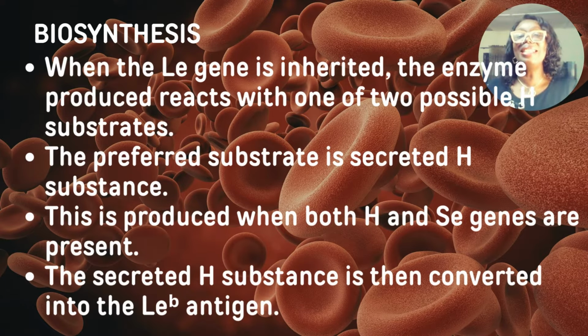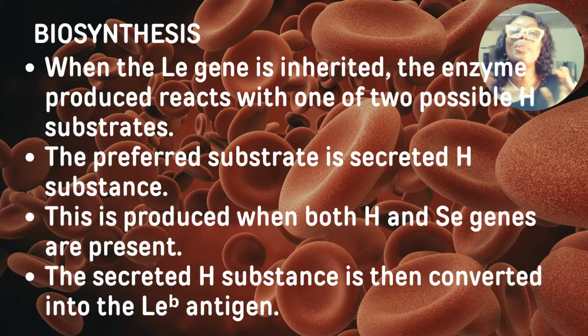When you inherit the Lewis gene, that is the FUT3 gene, you are able to produce the enzyme fucosyltransferase 3. This enzyme reacts with one of two possible substrates.